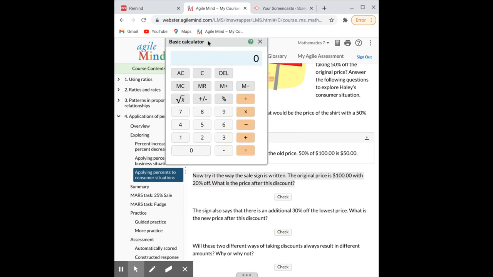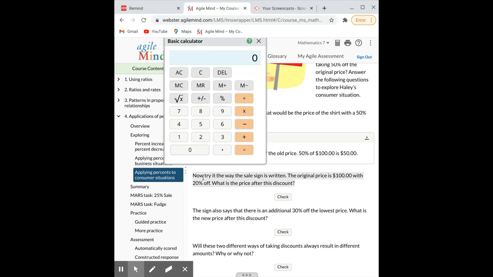I know another way we could do it also. I'm going to show you the Devin Levi way, which is 20 divided by 100 times 100, which is 20. And then I'm going to take that from 100. All right. And that gives us 80.